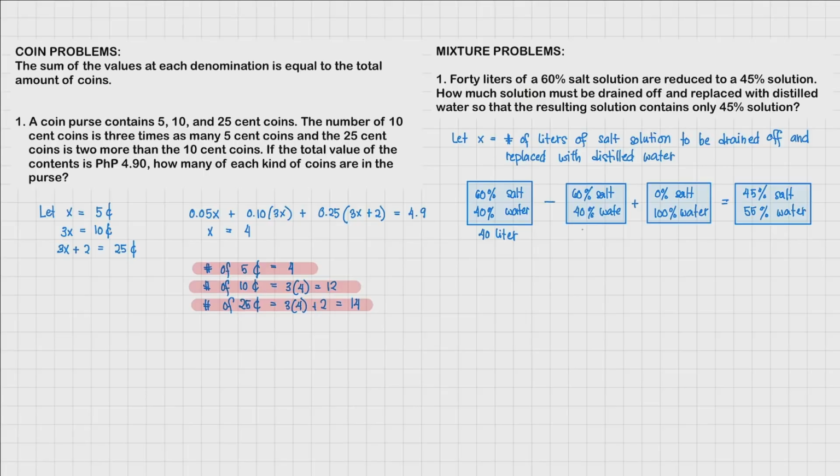So we're going to subtract x liters, and then replace it with distilled water of the same amount, so that is x liters as well. And it should be equal to the same amount, so that's still 40 liters.